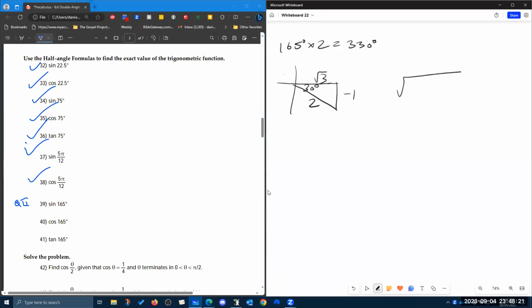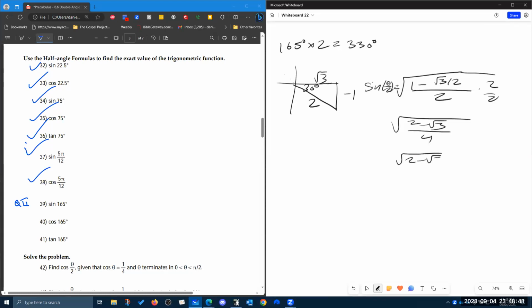And this is going to be 1 minus root 3 over 2 over 2. We're going to multiply by 2 over 2 on the inside. 2 minus root 3 over 4 is root of 2 minus root 3 over 2, like that.